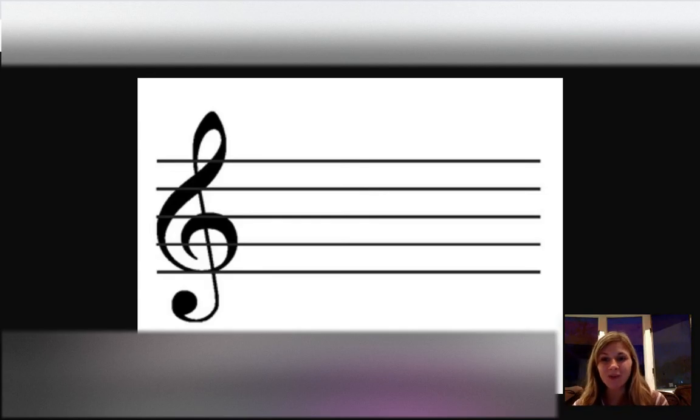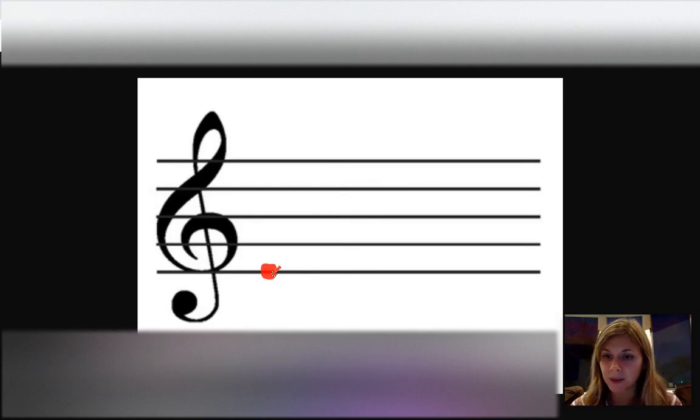All right, so hopefully you remember that saying. So we use every good boy deserves fudge for the lines. Remember, I said we count from the bottom to the top. So if a note is right here on this bottom line, I use that saying to help me, and I say every, and I stop because that is where my note head is.